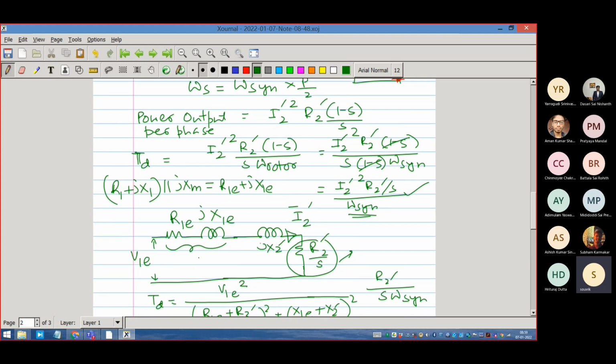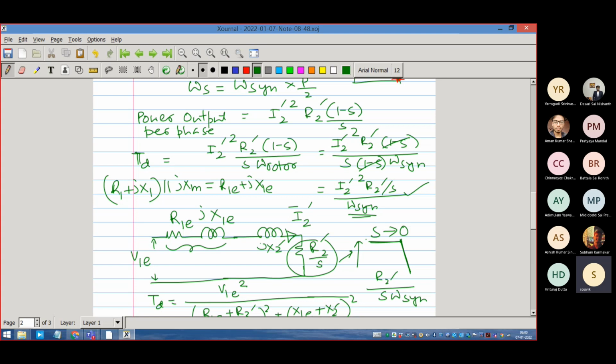Now you understand that when you are coming closer to the right hand side, S is reducing. As you are coming to this stable portion of the curve, S is reducing, so R2 dash by S is continuously increasing. If R2 dash by S continuously increases, this becomes more dominant over the other circuit parameters like R1E, X1E, and even X2.